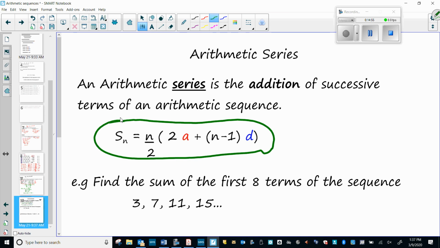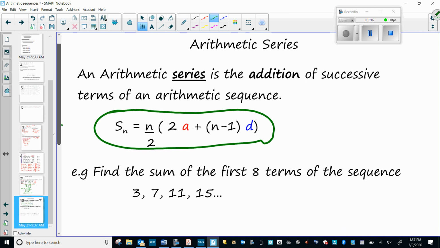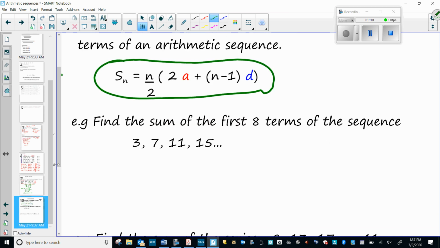The S gives it away in that they're looking at the sum of the terms. So literally, they would say, I've got 8 terms. If I added those all up together, what value will I have? There's a fancy way of showing you how this is derived.